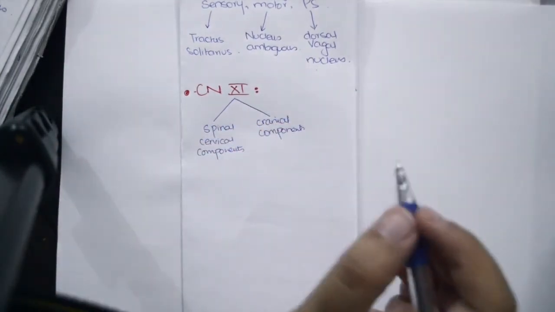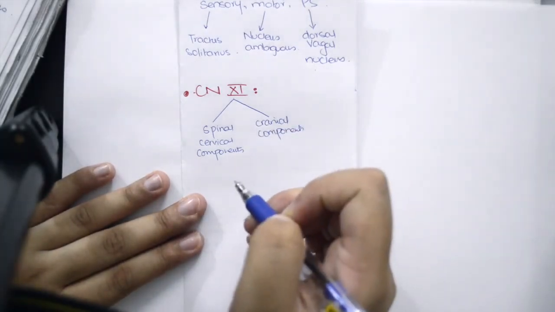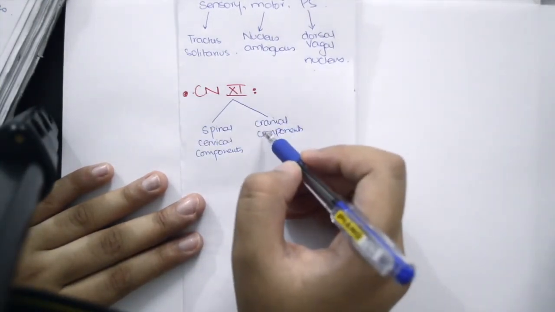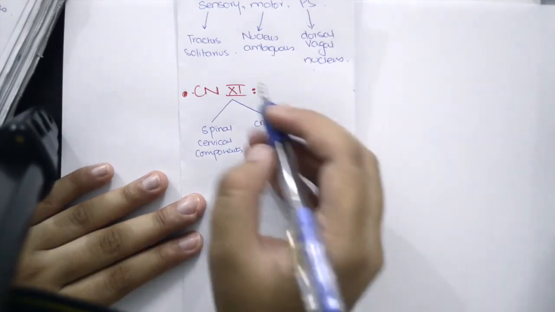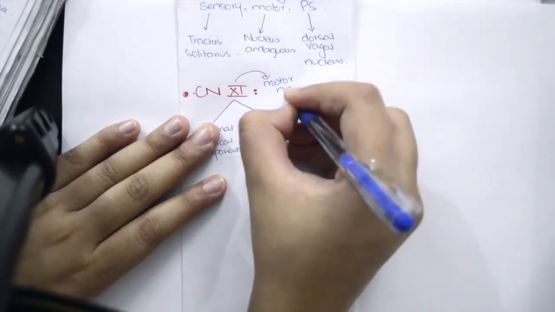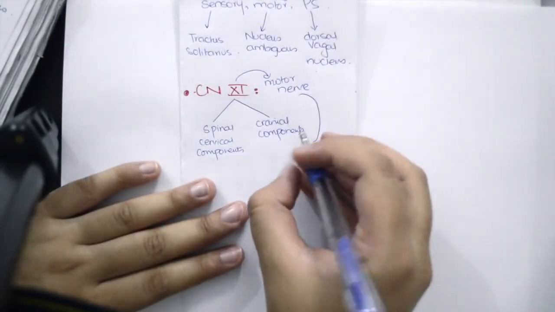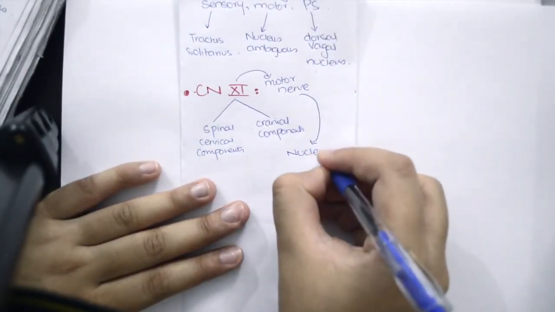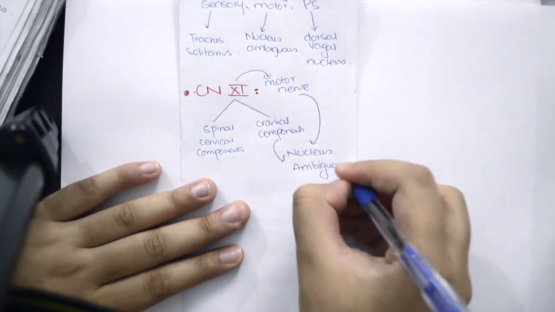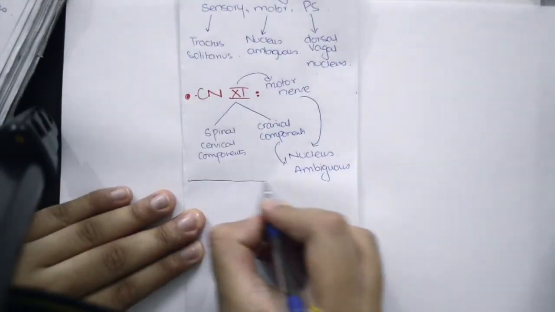The spinal cervical component is from the first 5 cervical spinal segments, and the cranial component of the accessory nerve is the motor component. So you know that this is a motor nerve. What is the name of that motor nucleus? It is the nucleus ambiguus. And this nucleus supplies the muscles involved in speech.